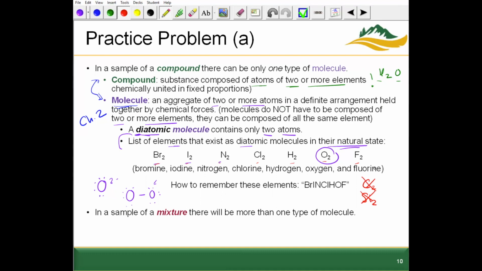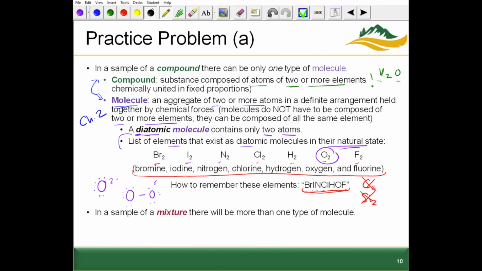Now, luckily, there is a way to more easily remember which elements do exist as diatomics, and we remember this by saying Brinkelhoff. And again, you will see this more in chapter 2, but there's a little image that says keep calm and Brinkelhoff, meaning Br, I, N, Cl, H, O, and F. If you remember Brinkelhoff, you will then remember which elements exist in their natural state as diatomic forms.